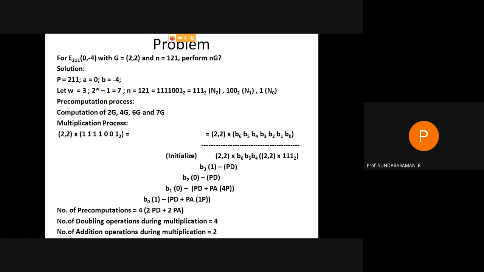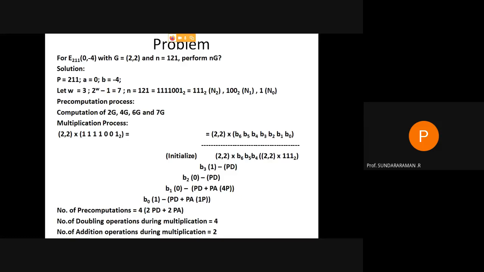So first 2g by point doubling, 4g by point doubling, 6g by point addition, because 4g plus 2g is point addition. If the 2 points are different, obviously it comes under the category of point addition. If you are trying to add the same point, it comes under the category of point doubling. And 7g is equal to 6g plus g. Again, it comes under the category of point addition.